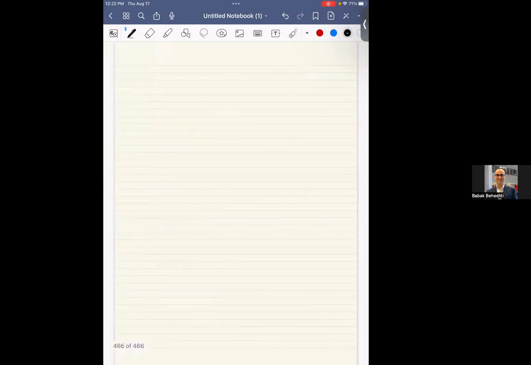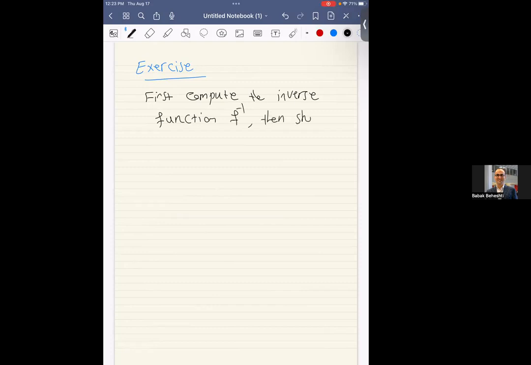So now here I give you an exercise. First, compute the inverse function f inverse, then show that f o f inverse of x equals x and f inverse o f of x equals x.